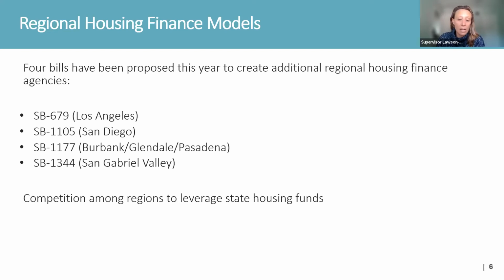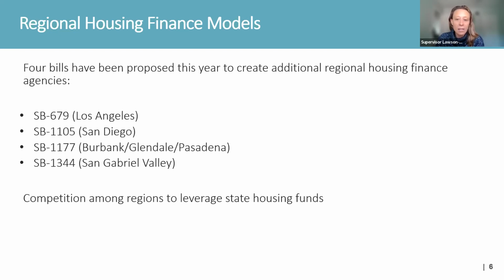Regions that are self-organizing to raise regional housing resources are going to increasingly compete and win for state housing funds. And regions that do not get organized to raise local resources are going to fall farther and farther behind in being able to access state funding to meet our local housing needs. And you can see what these bills are. There's an LA bill, a San Diego bill, there's Burbank, Glendale, Pasadena, and San Gabriel Valley.